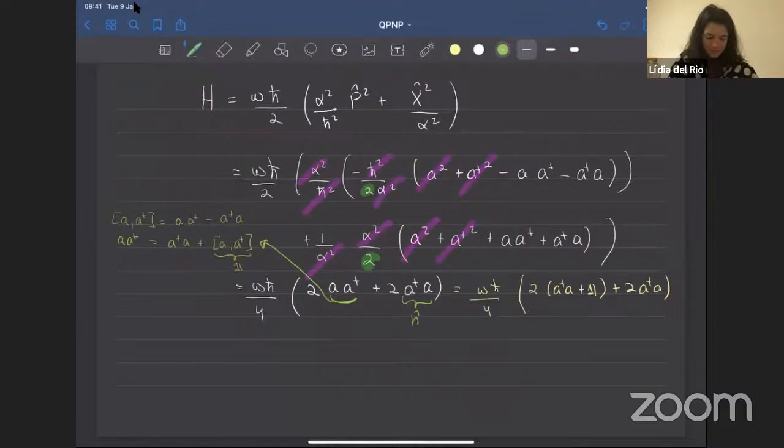So then remember again, this is N operator, this is N operator. How many N operators do we have? We have 2 plus 2, that's 4, which cancels out with this 4. How many identities? We have 2 identities and we have 1 over 4 outside. So then it's omega h bar times N plus 1/2 of the identity. This was the goal. This is what we wanted to do.